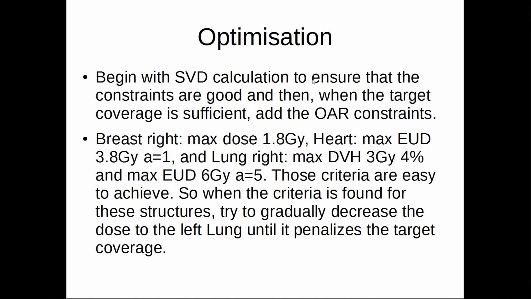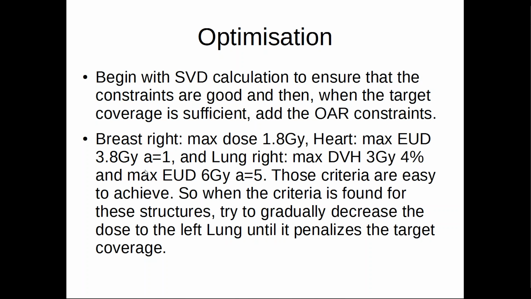When I am happy with the coverage, I gradually put in all the organs at risk. The first is the right breast, then the heart, the right lung. These criteria were easy to achieve.